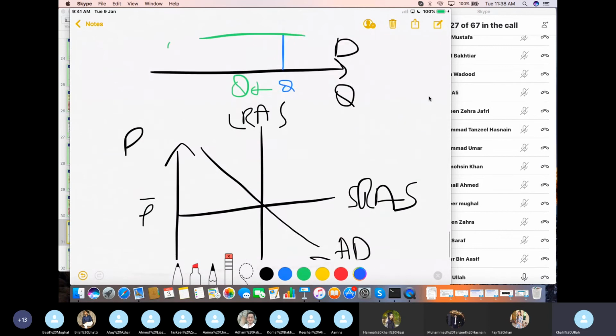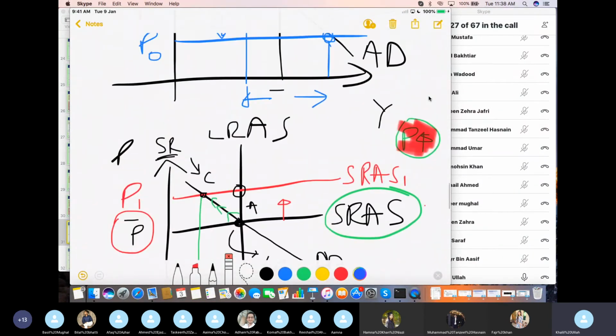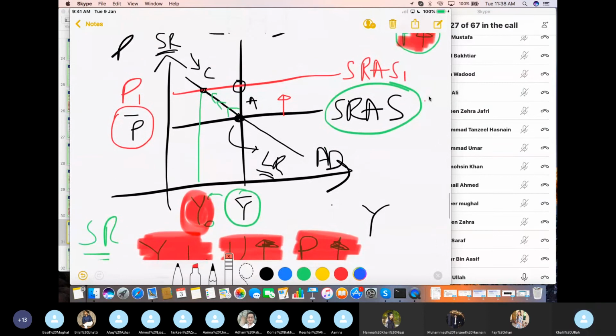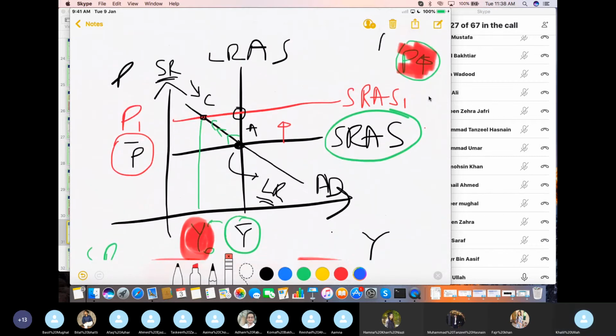When he put an embargo on Iran, the supply of oil that Iran was providing to the world economy obviously got restricted. So the amount of oil being supplied to the world decreased, and when supply decreases, it causes prices to go up. That's when this kind of negative supply shock happened.